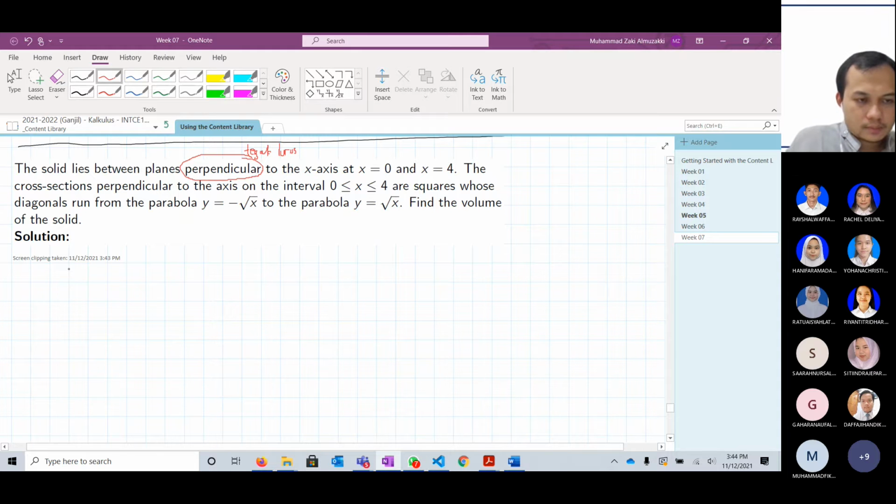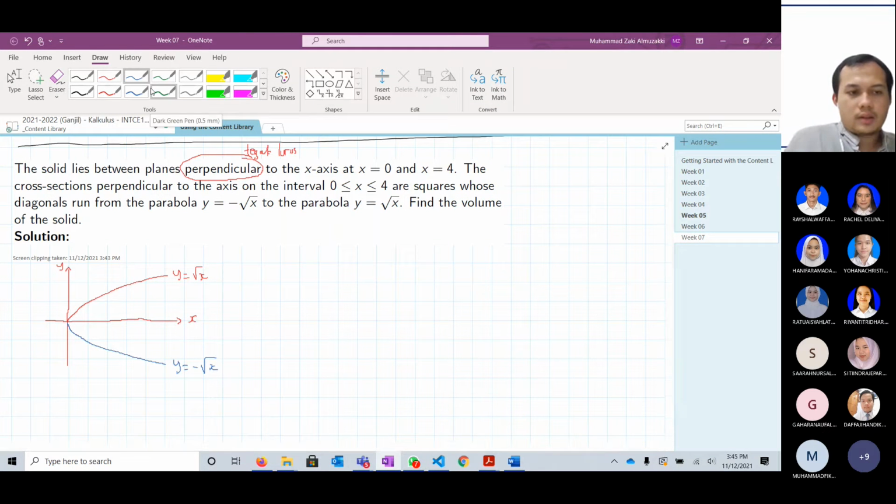So if we draw it, this is x, this is y, and we have the parabola. The top one here is y equals square root of x, and the bottom one is y equals minus square root of x. And we have that solid. The base is a square whose diagonal runs from the parabola.